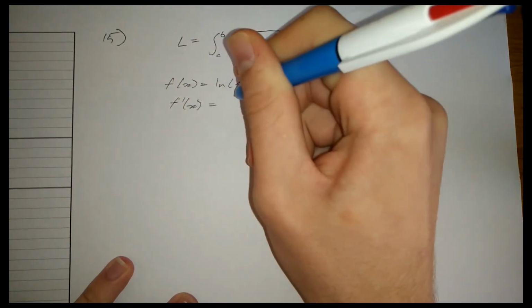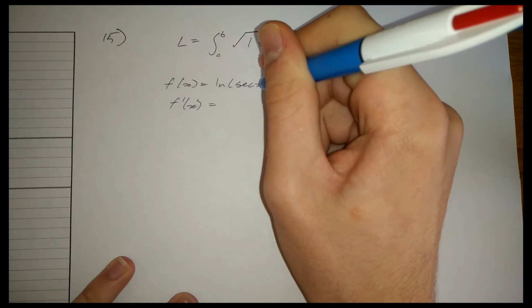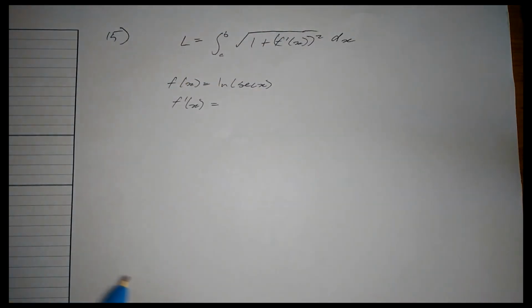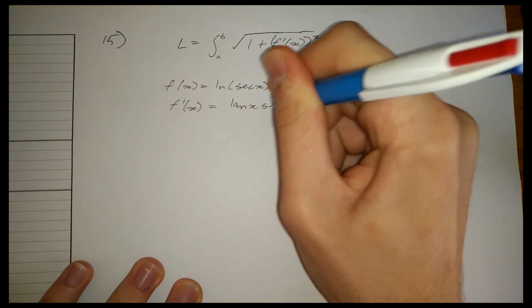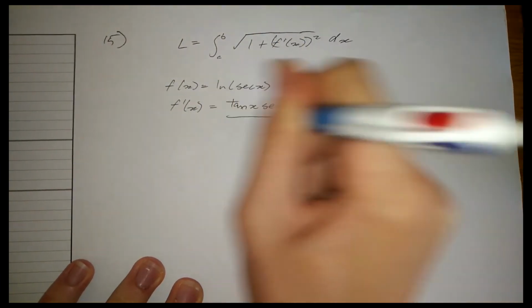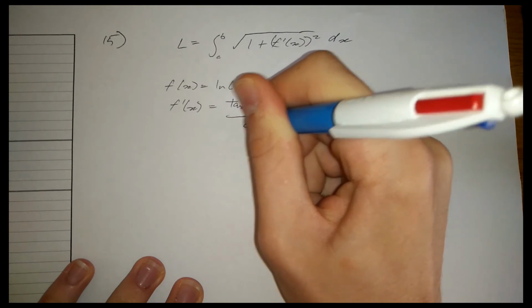Well, if we just differentiate this, we get sec, so the derivative of sec x is just, where is it? Sec x, derivative of that is just tan x sec x, and then that would be on the original sec x.